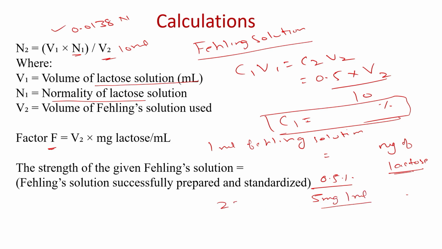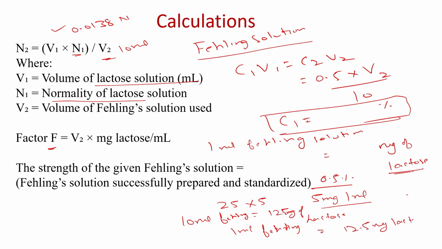Say 25 ml has been used. So 25 into 5, that is 125 milligram of lactose, has been used for 10 ml Fehling solution. So 1 ml Fehling solution will be equivalent to 12.5 milligram lactose. This is another way to express the concentration or strength of the Fehling solution.